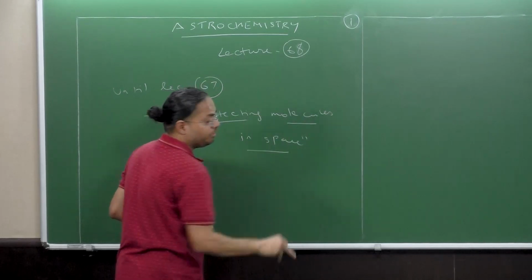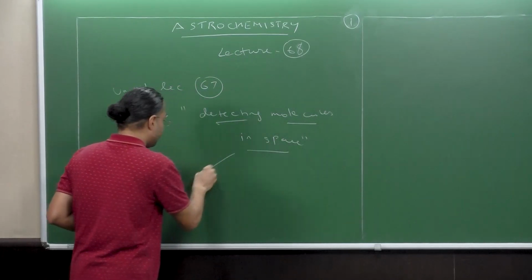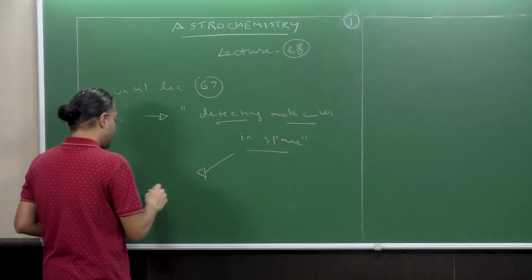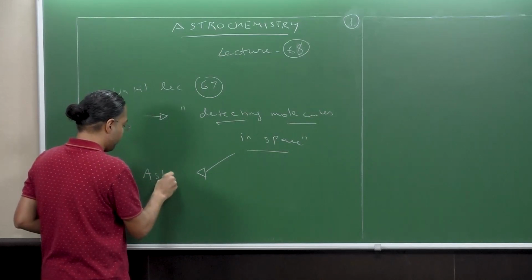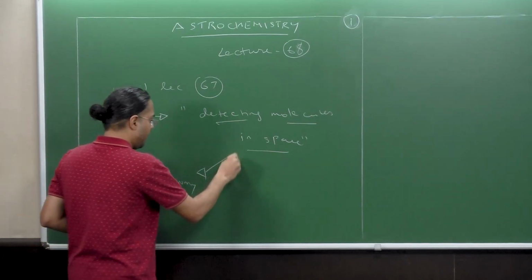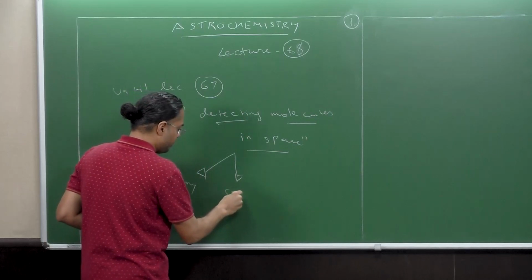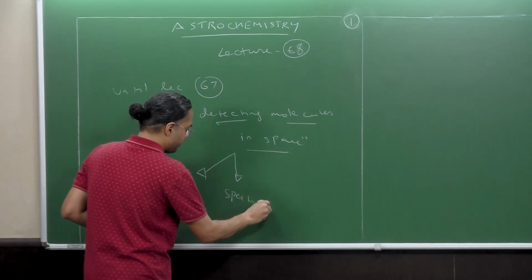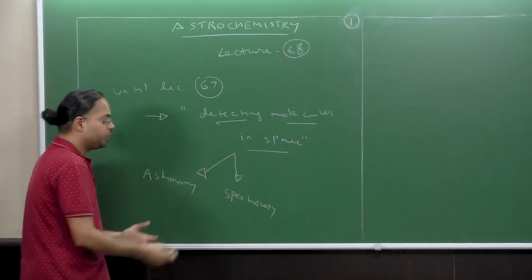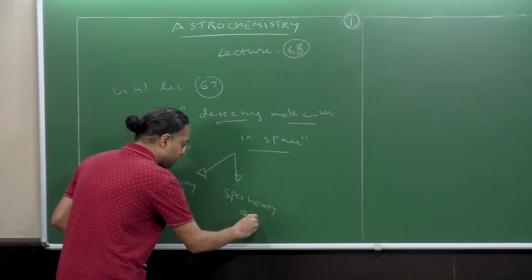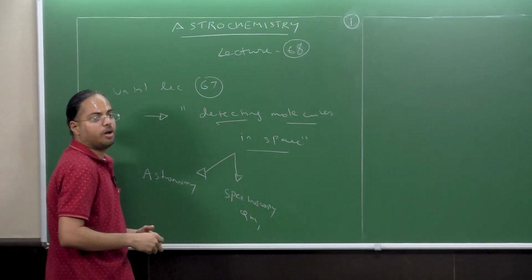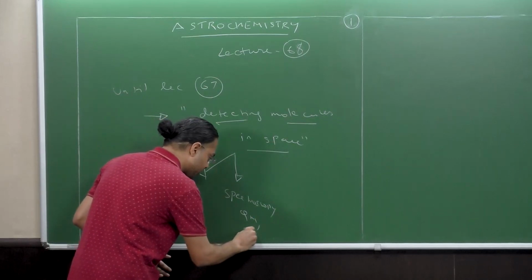And we saw that this involves so many branches. You had astronomy, you had spectroscopy, and as part of it, you had to understand quantum mechanics and a lot of statistical thermodynamics.